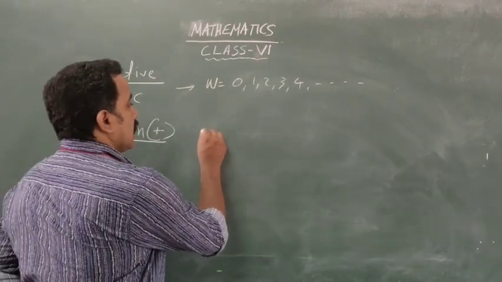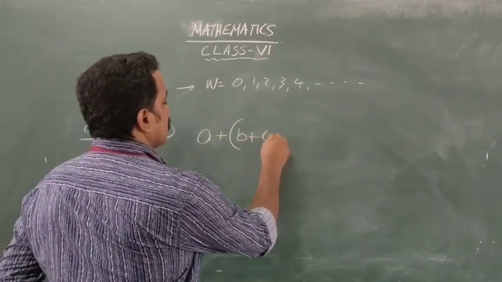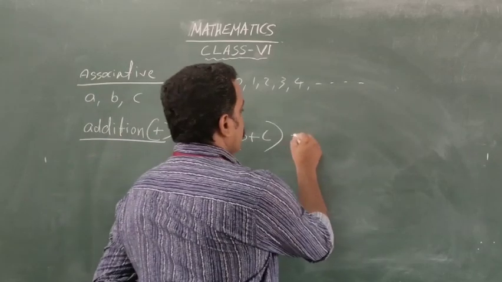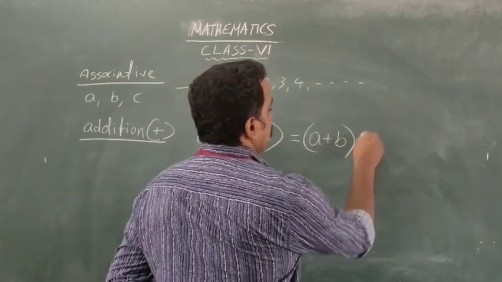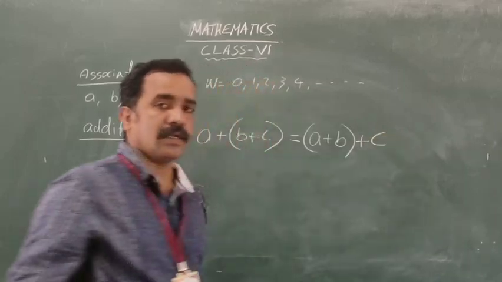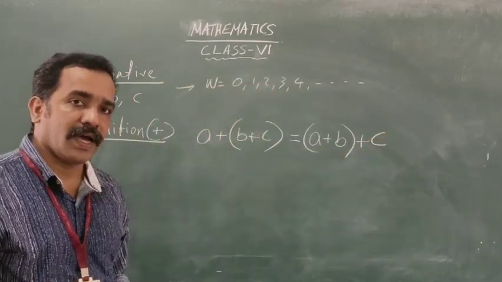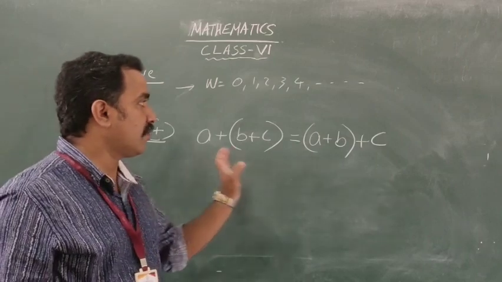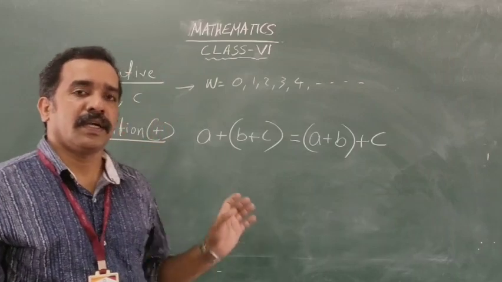That is (A plus B) plus C is equal to A plus (B plus C). This is what is called the associative property. What does it mean? I will explain with an example.